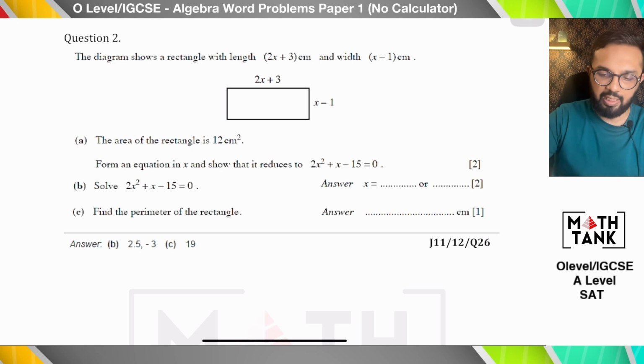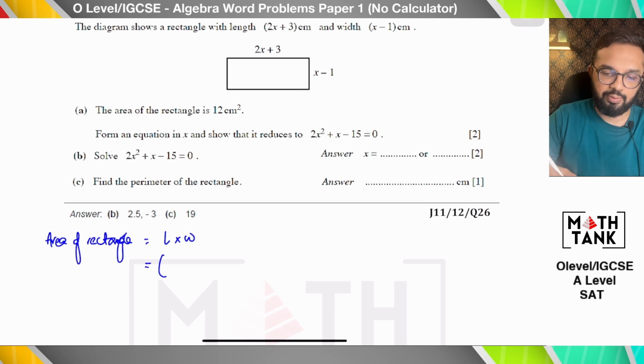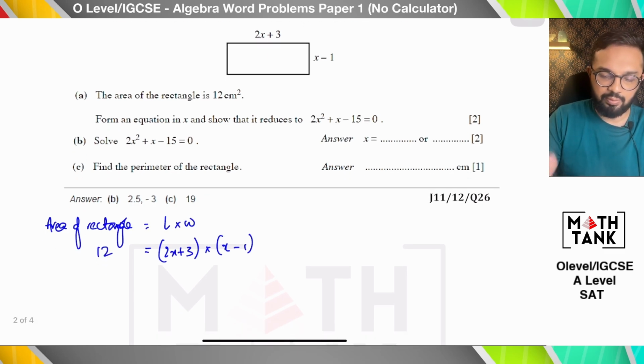So the area of the rectangle is length into width. So let's first write that. Length is 2x plus 3. The width is x minus 1. And the area is given as 12. Form an equation in x and show that it reduces to this.